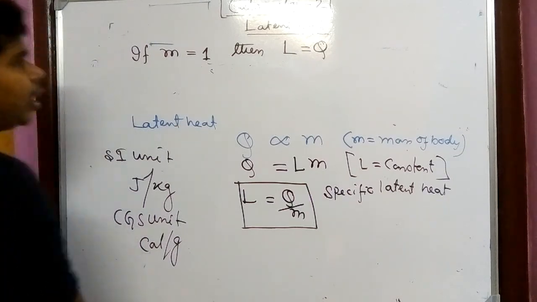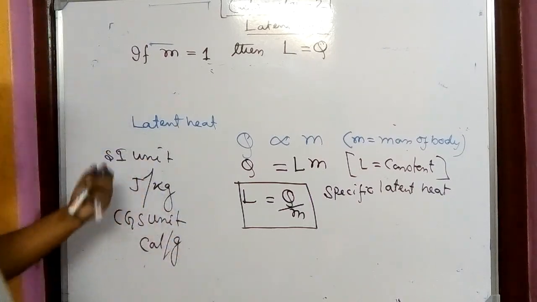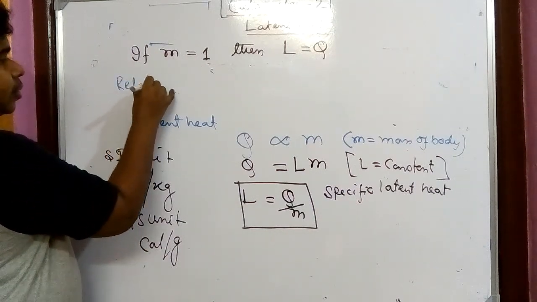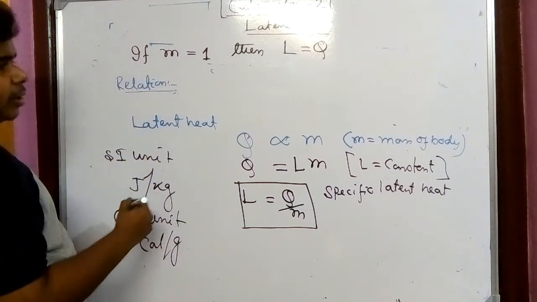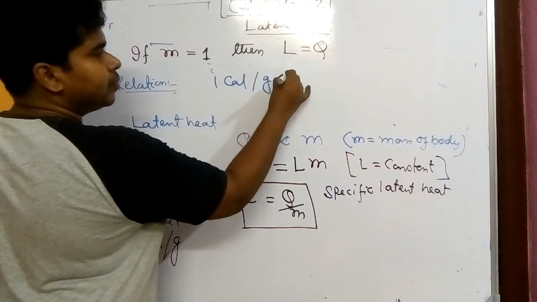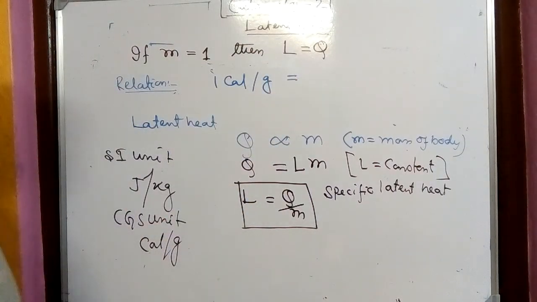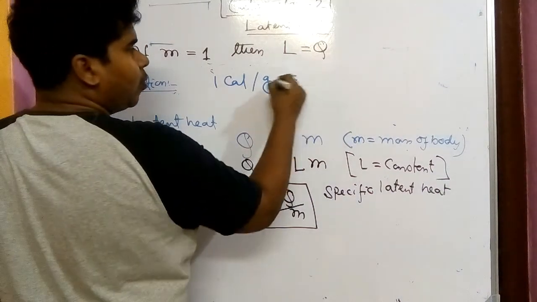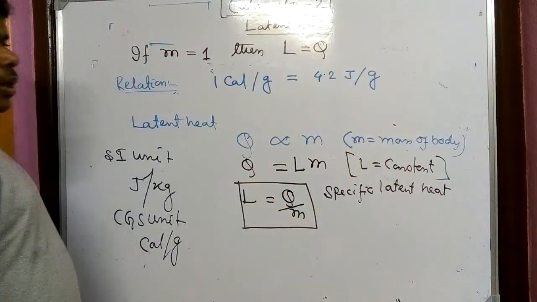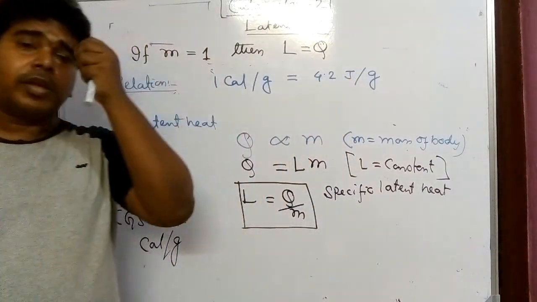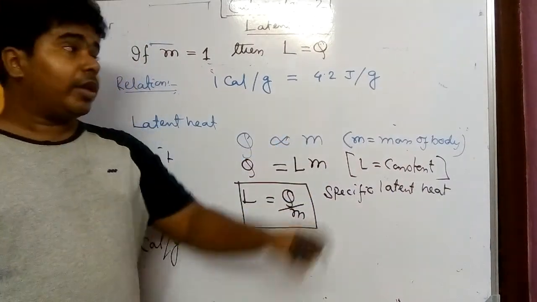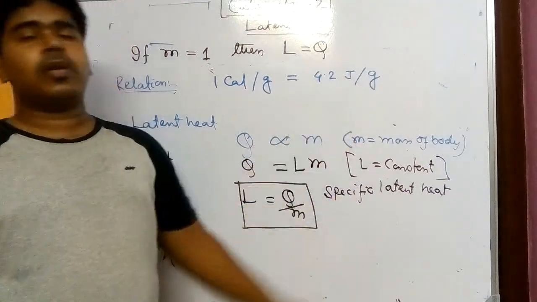Now, as we have learned about L and its unit, we have to find the relation. 1 calorie per gram equals how much joule per gram? 1 calorie equals 4.2 joule per gram. You may say, sir, it is a mixture of two unit systems. Yes, for calorimetry we can use it, but we cannot call it an SI or CGS system.